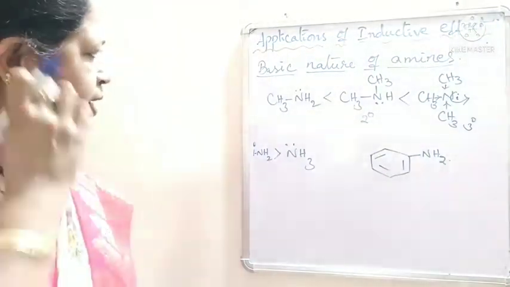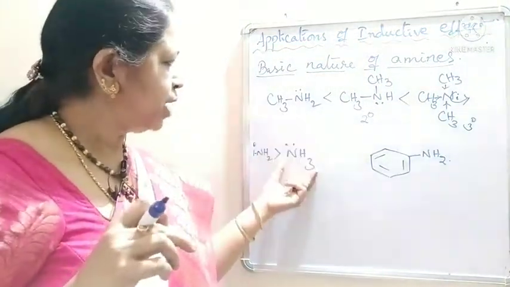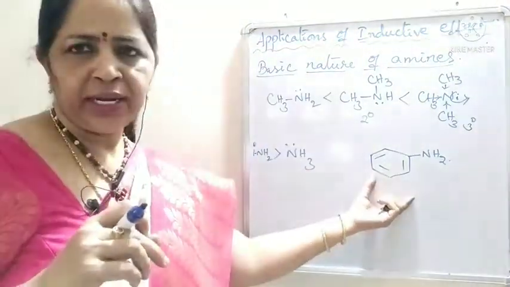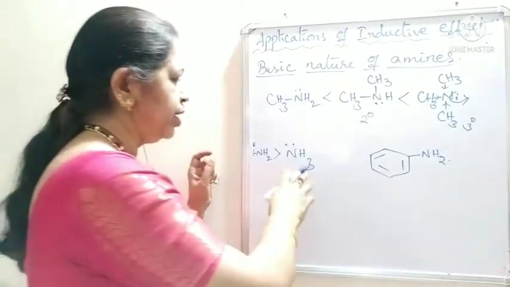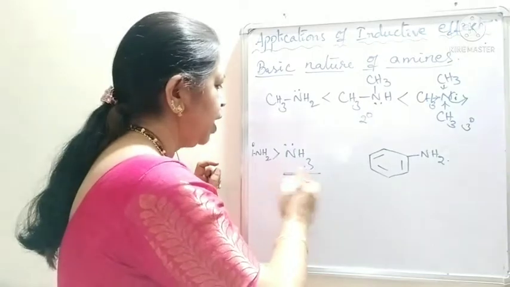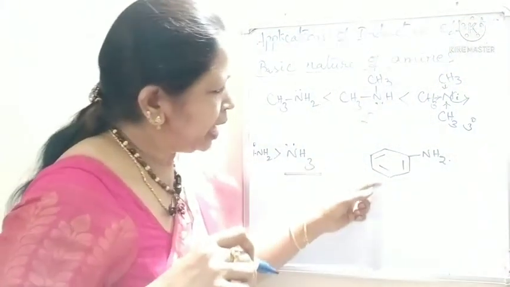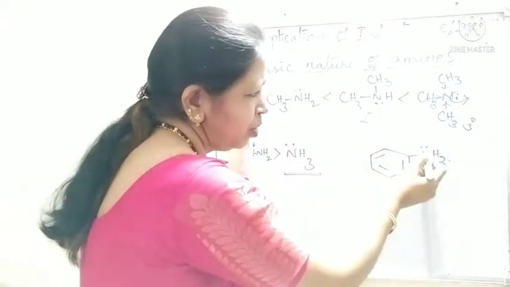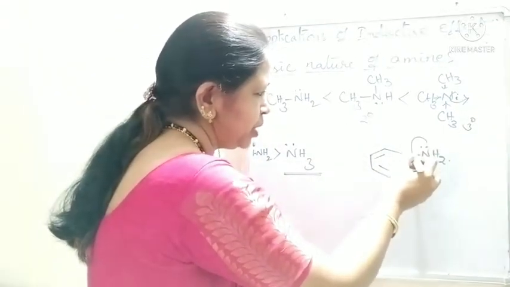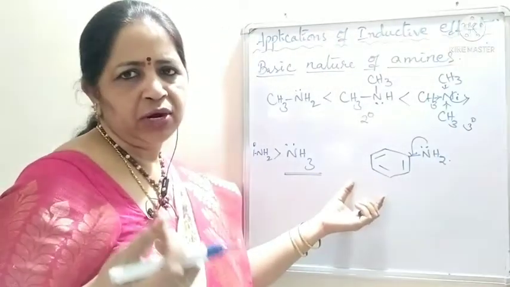If we compare the basic nature of aliphatic amines, ammonia and aromatic amine, that is aniline, what happens? Now here this ammonia has a lone pair of electrons on nitrogen, and aniline also has a lone pair of electrons, but here this lone pair is taken by the benzene, because the benzene ring is an electron withdrawing group.